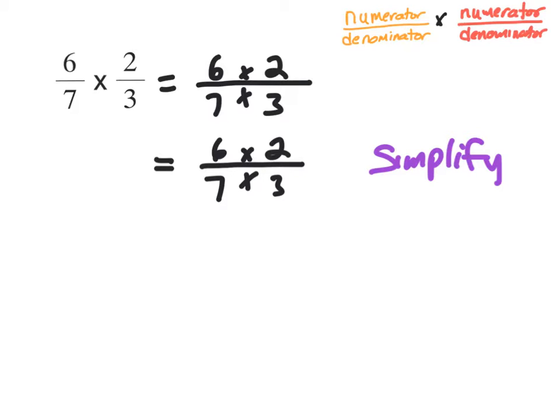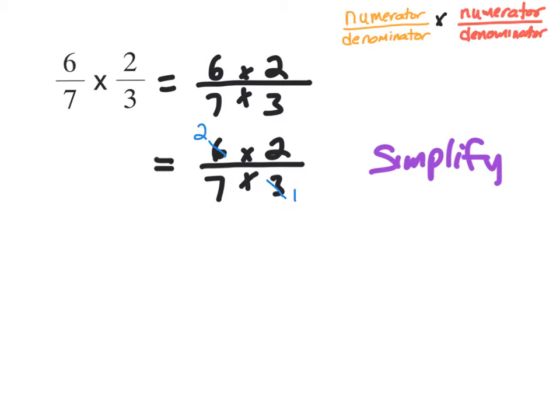Well, I can simplify one. I can see that there's a 3 and a 6. I know 3 goes into 6, so if there's 1 3, there's 2 3s in a 6, so I can put a 2 up here. So instead of multiplying 6 times 2, I can go 2 times 2, which is a little easier.